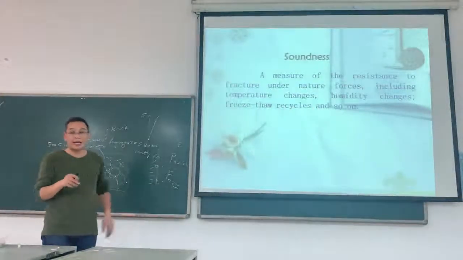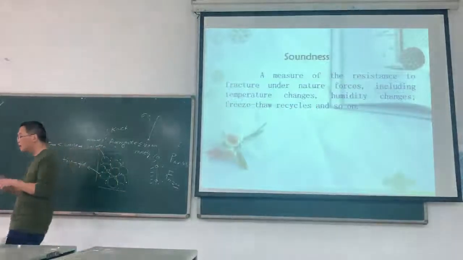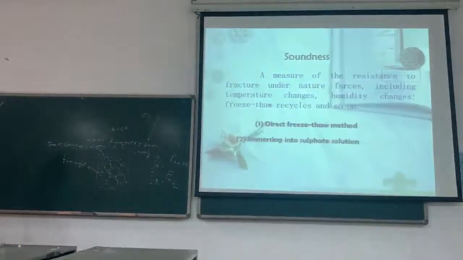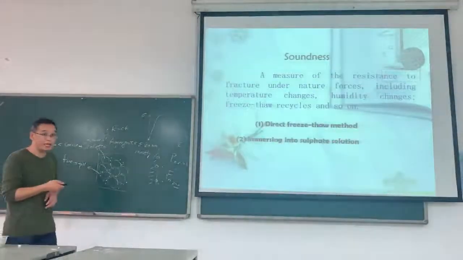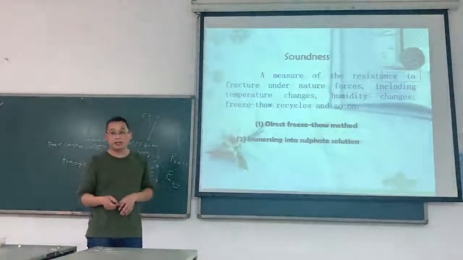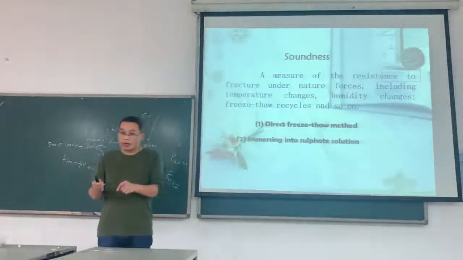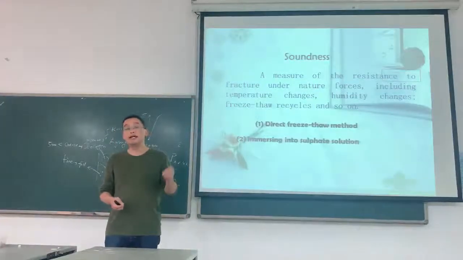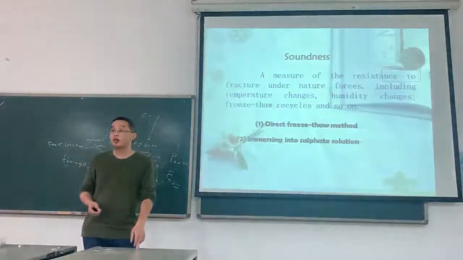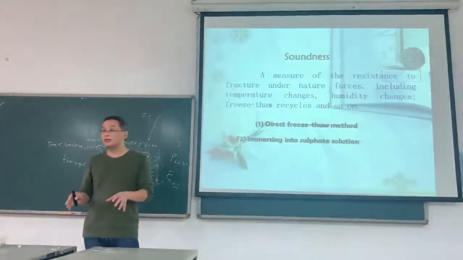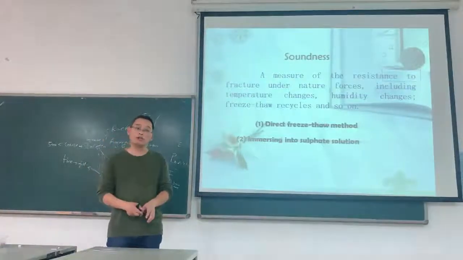So it is related to the surface of the aggregate. We can use the direct freeze-thaw method. In the direct freeze-thaw method, first we choose some aggregate and then immerse them into the water to make them reach the saturated state, and then freeze it.